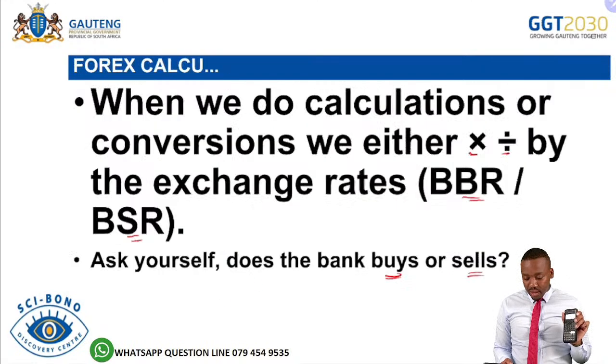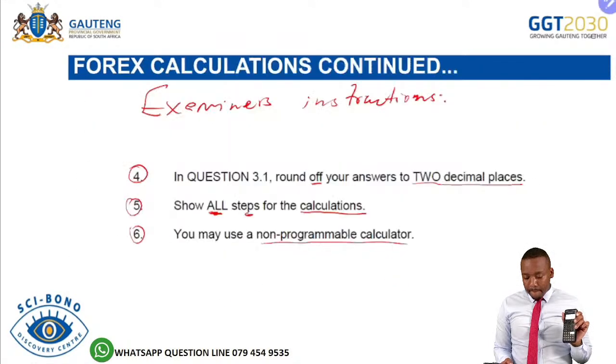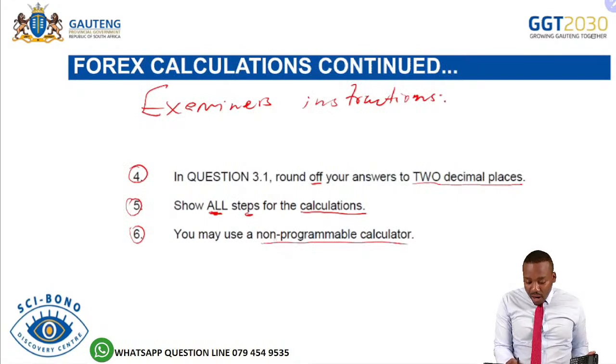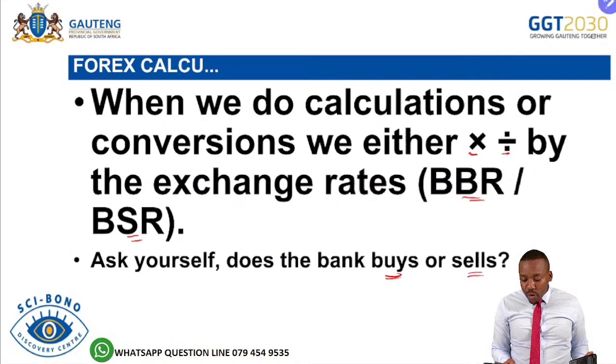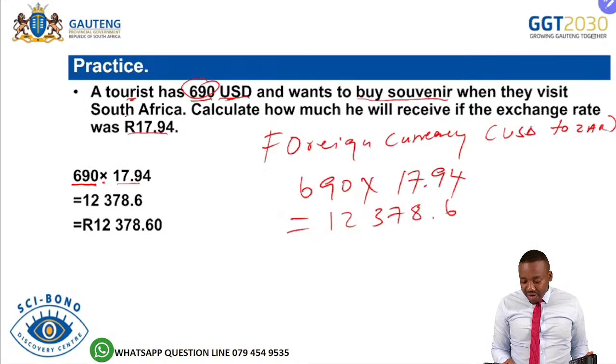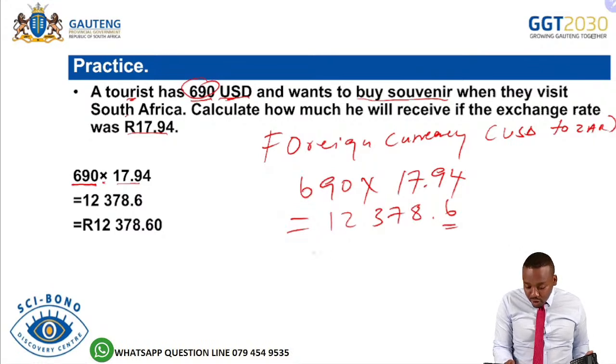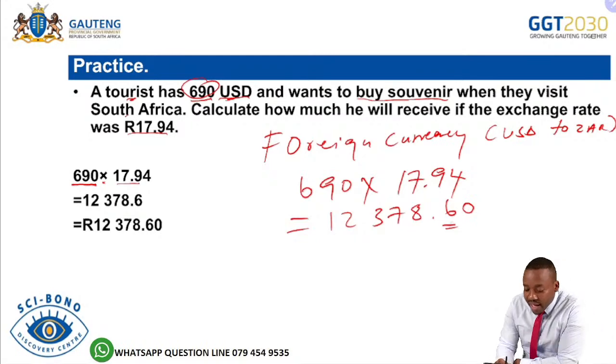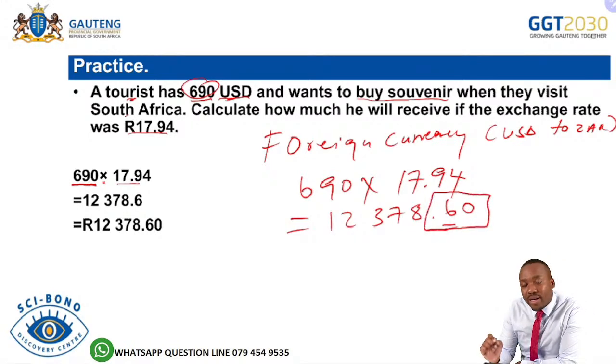Remember the instruction was? Let's go back. I said that round off your answers to 2 decimals. So you cannot leave this like this. You need to make sure that your answer must have a 0, because these are the 2 decimals. When you are talking about this, it is the 2 numbers after the comma. Remember, we are talking about money there.